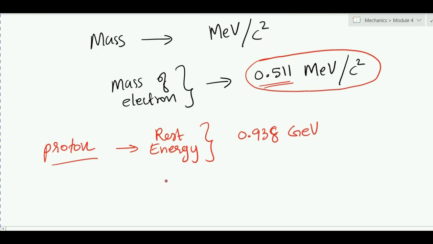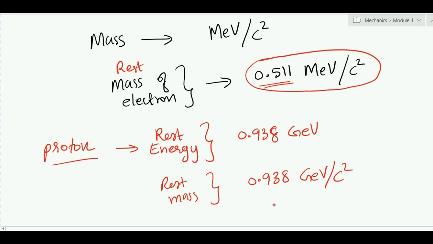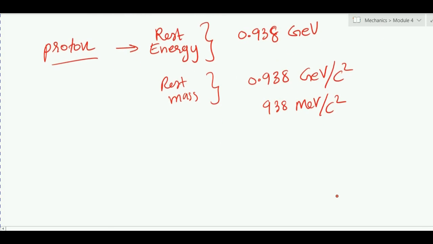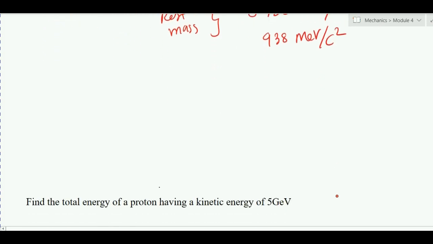The rest mass is given by 938 GeV per c square, or 938 MeV per c square. So remember these two numbers, the energy and mass of electron and proton in the new units.